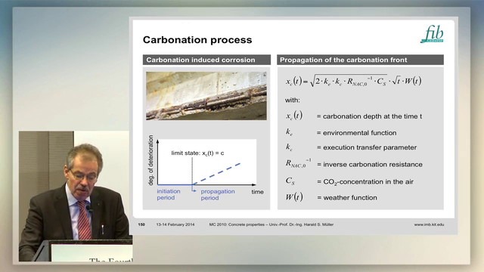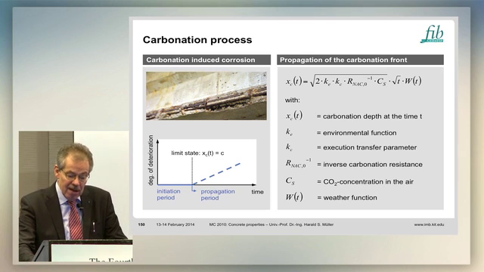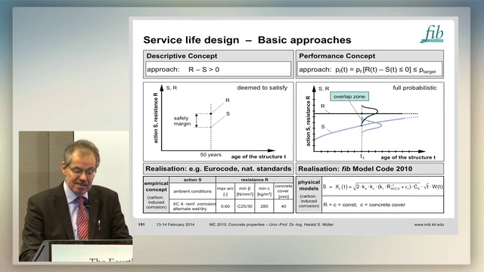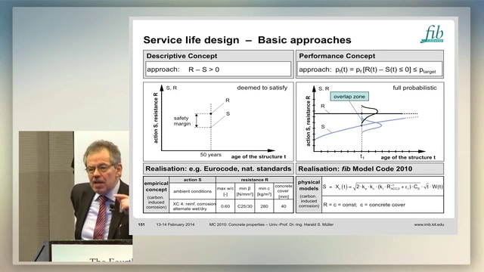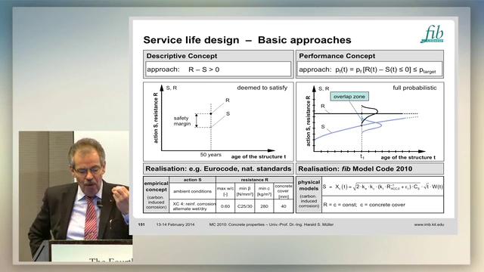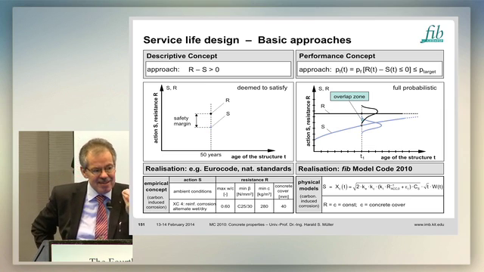You see here, I won't go into the mathematical details of this square root formulation, but you can see that the carbonation depth is calculated from the environmental function, from the execution, then the inverse carbonation resistance, a very important parameter which may be measured on site, the CO2 concentration, and also a weathering function is included. And we did this complicated approach to allow for a full probabilistic design approach.